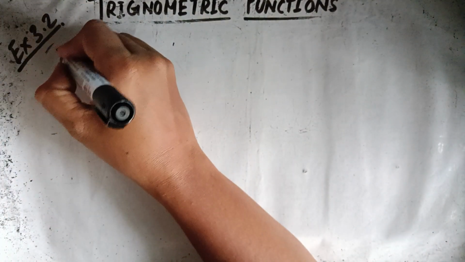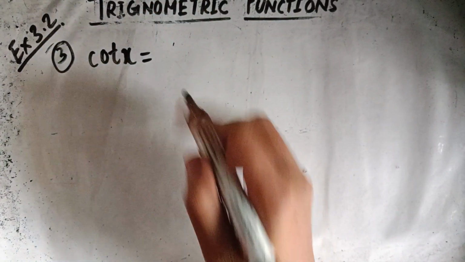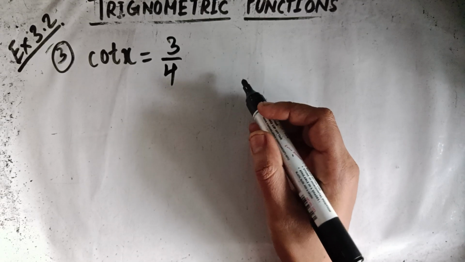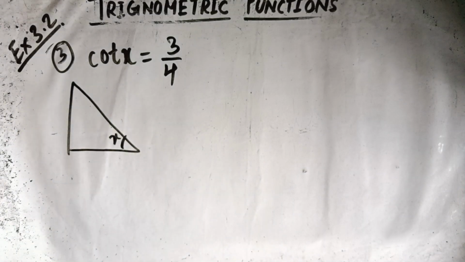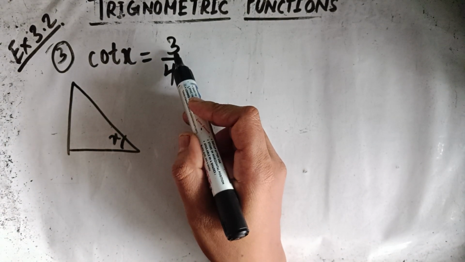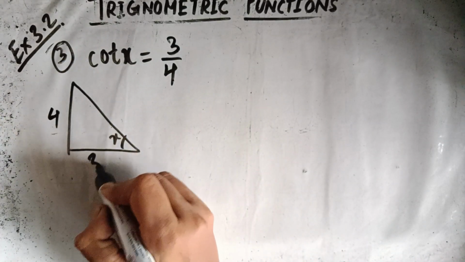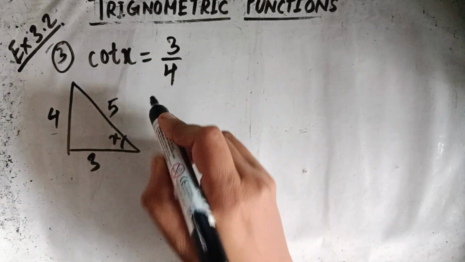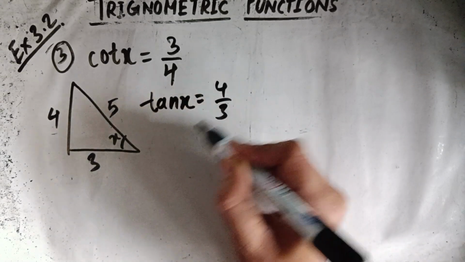Third one is cot of x equal to 3 by 4, and x lies in the third quadrant. Cot of x is 3 by 4. Cot means this is adjacent, this is opposite. Opposite is 4, adjacent is 3. Again, this is a Pythagorean triplet. So, tan of x is 4 by 3.